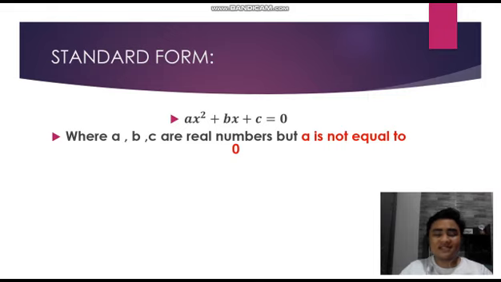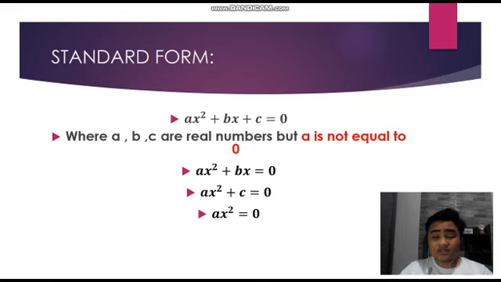Let's go back to this definition below. a, b, c are real numbers, but a is not equal to 0. What does that mean? ax squared plus bx equals 0 is considered a quadratic equation. ax squared plus c equals 0 is still considered a quadratic equation. ax squared equals 0 is still considered a quadratic equation, but bx plus c equals 0 is not. Why?